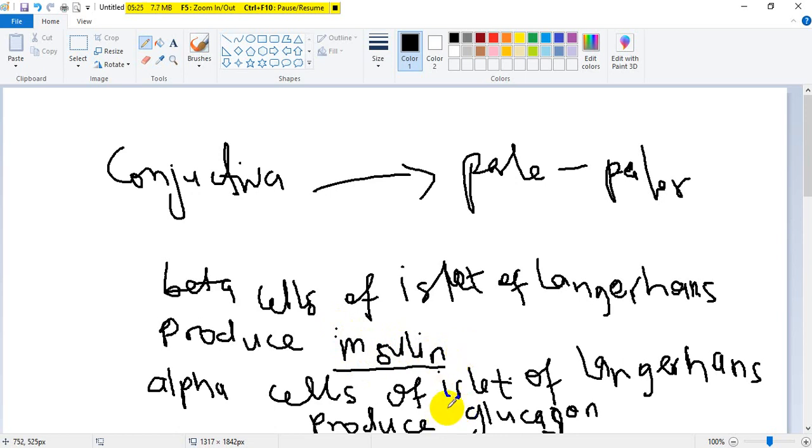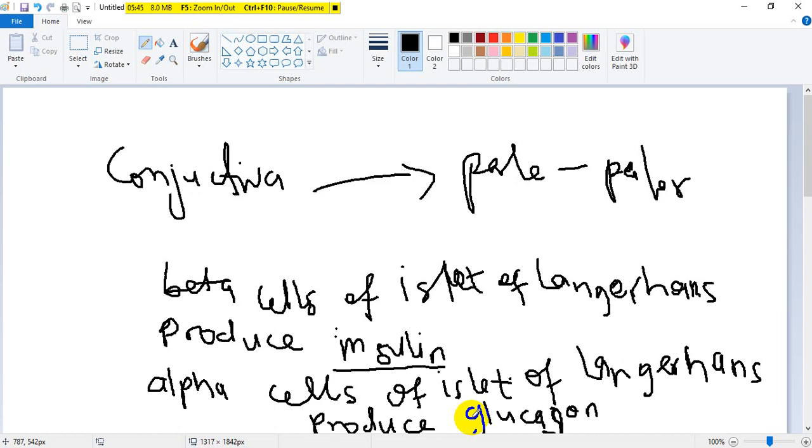Whereas when we are fasting, or when we immediately need energy, for example when we have been attacked by armed robbers, rapists, and whatever, we need to mobilize a quick source of energy.